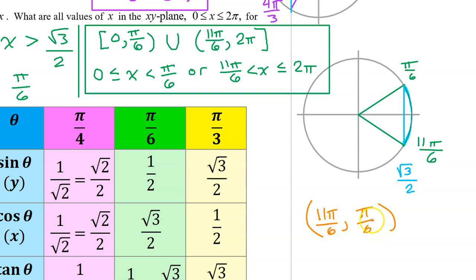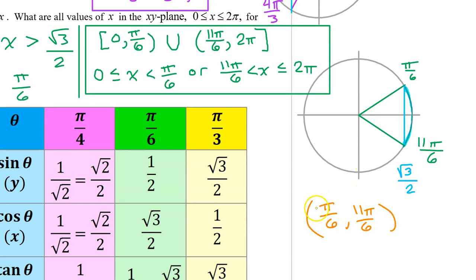So to fix that, some students try to reverse this. They say, fine, I'll reverse the order and write pi over 6 to 11 pi over 6. Doesn't that mean this same interval? Well, no, it doesn't. Because pi over 6 means that we're starting from here and then rotating all the way around to 11 pi over 6.